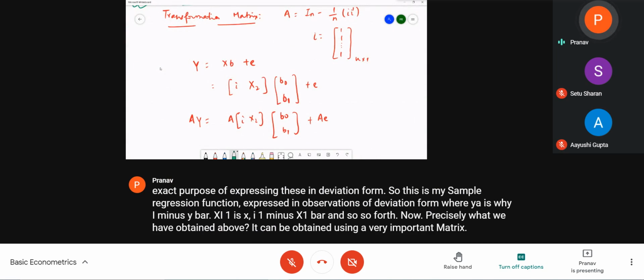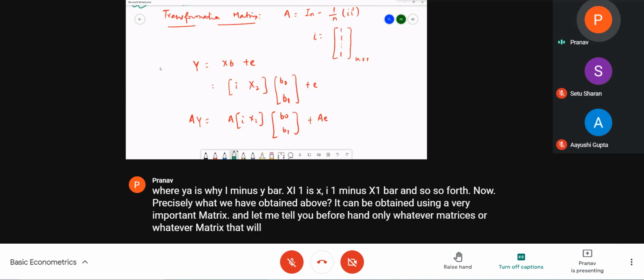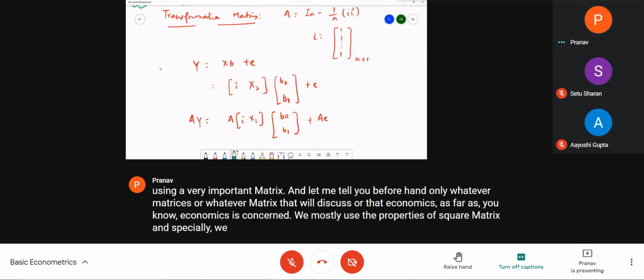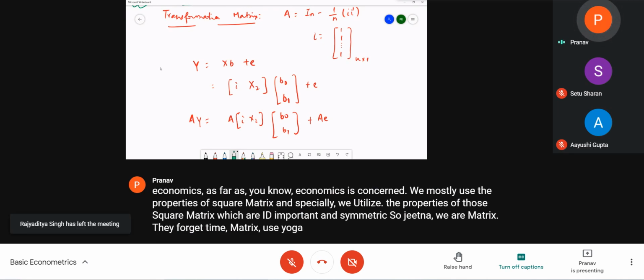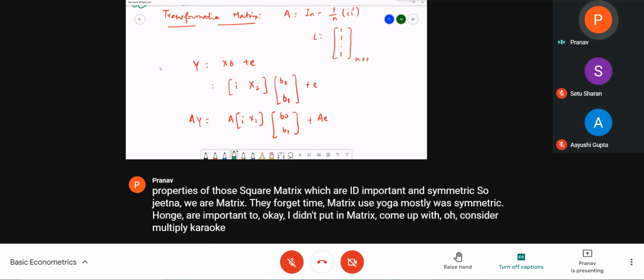Let me tell you beforehand, as far as econometrics is concerned, we mostly use the properties of square matrices, and especially those square matrices which are idempotent and symmetric. So most matrices you see and use will be symmetric and idempotent. Idempotent matrix means that if you multiply the matrix by itself, its value does not change. That's what it means.